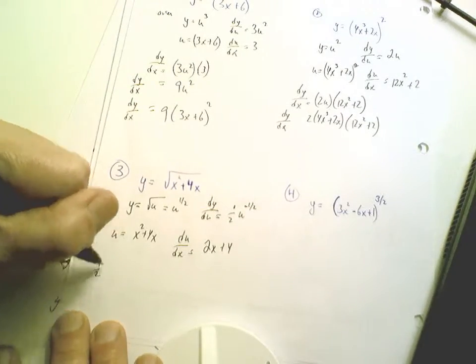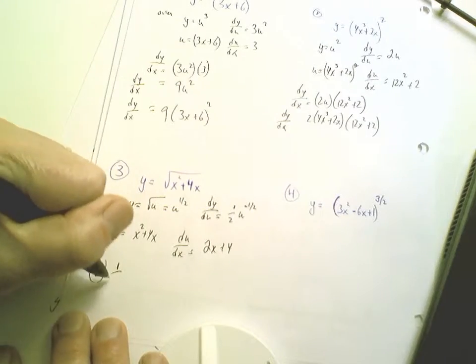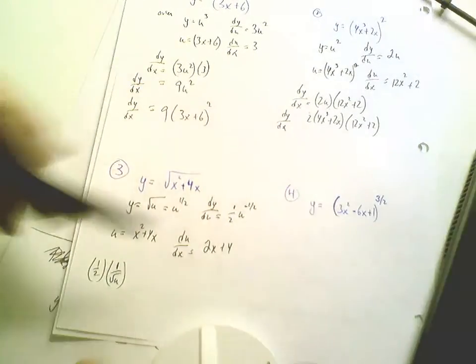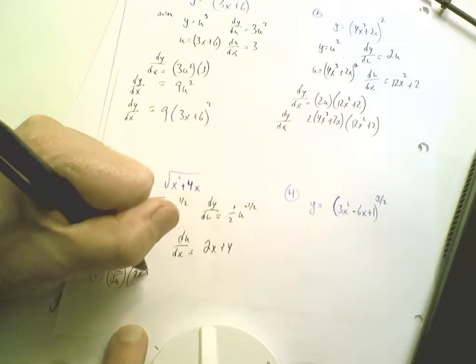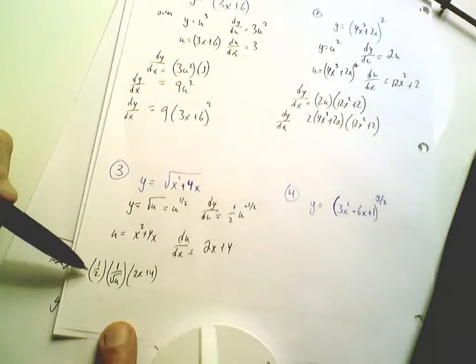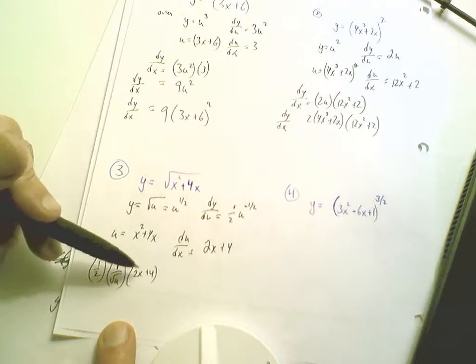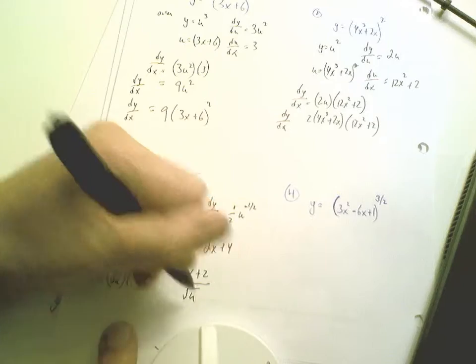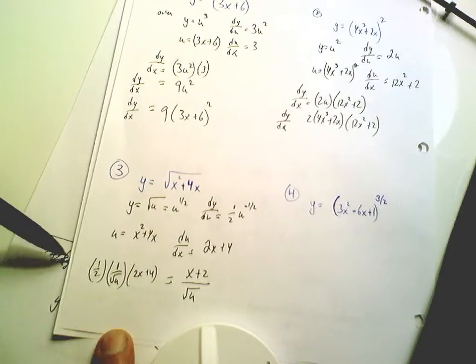1/2, 1 over the square root of u to the negative 1/2, times 2x plus 4. I'm going to have a 2x plus 4 over 1/2. That's going to become x plus 2 over the square root of u. 2x plus 4 and a 1/2.